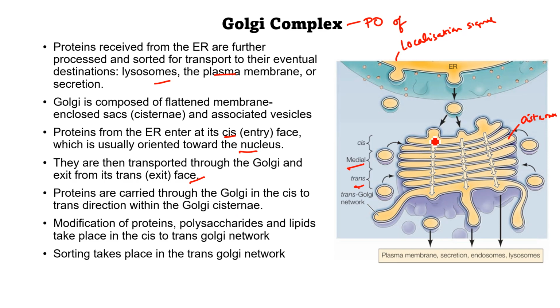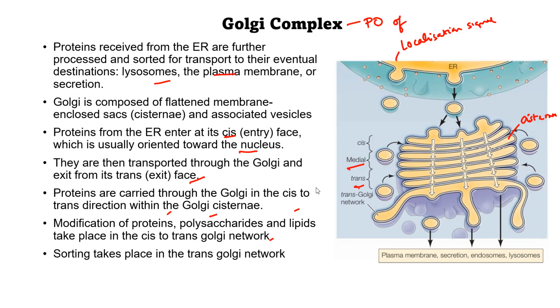They move from the cis to the trans. All the protein molecules, or lipid molecules, move from the cis to the trans face. The modification of proteins, polysaccharides and lipids takes place in the cis to trans Golgi network. You must have learned about different types of modifications: mannose 6 phosphate modification, and O-link glycosylation also takes place in this Golgi complex.